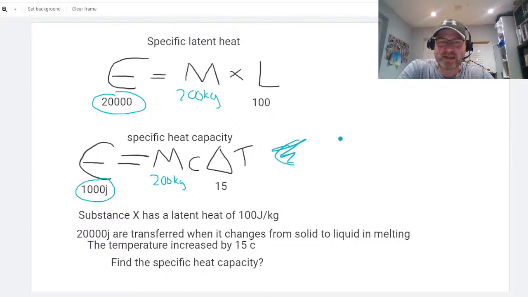We want to find C, so we rearrange: E over M delta T equals C. 1000 divided by 200 times 15. That's going to be a really small number.